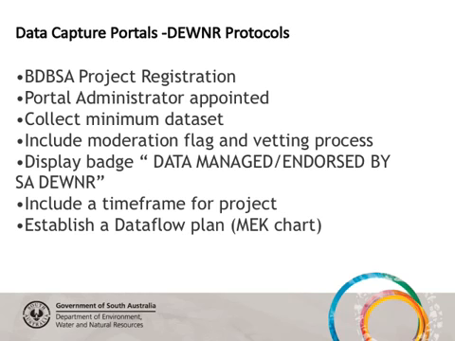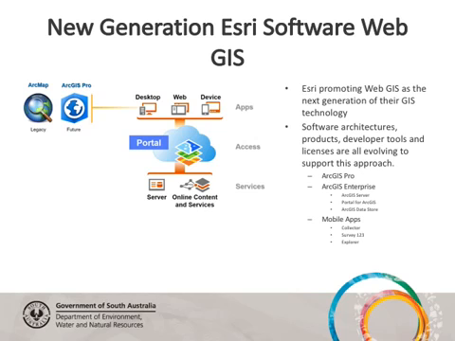It's good to have an endpoint or a review point where you decide whether this portal should be ongoing, because there are a few out there that can look bad for Junior if they're just sitting there not being maintained. And get yourself a MEC chart going, with some help from us if you need it, to show the data flow of this portal and what process is going to get it into a corporate system once you've done your validations.